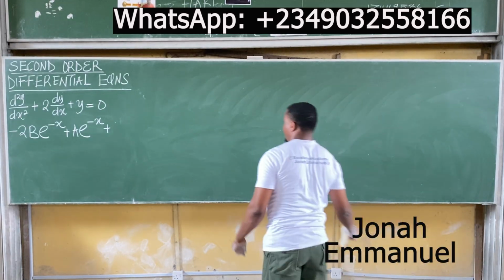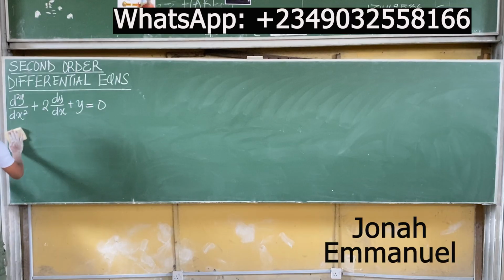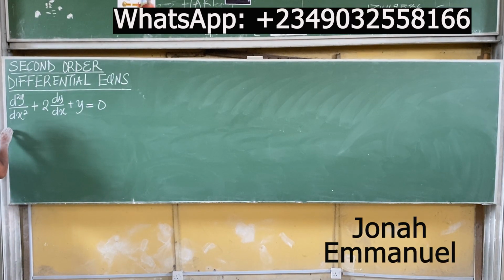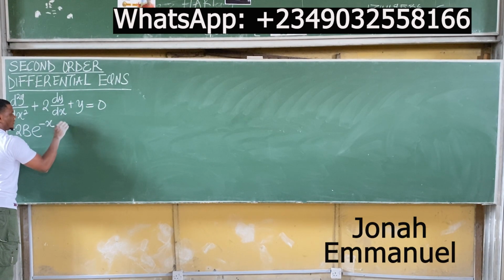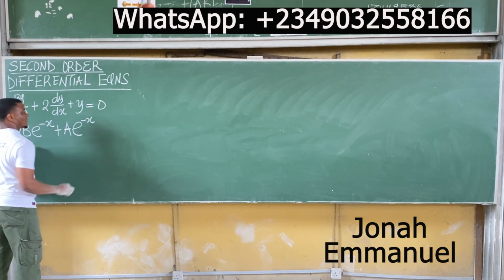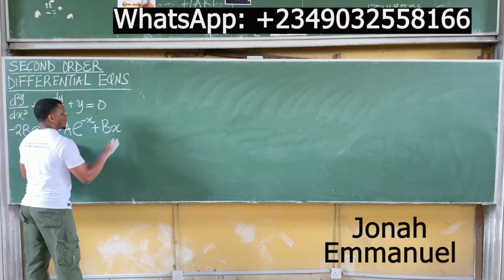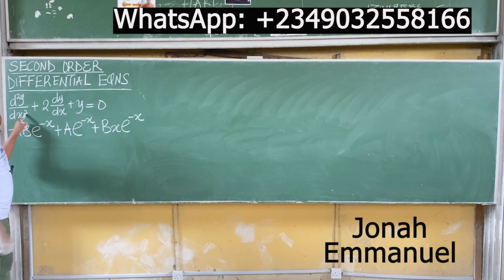Let me shorten this. All right. Please give me this one again, please. Minus 2b exponential minus x plus a exponential minus x plus bx exponential minus x. That's for this, right?